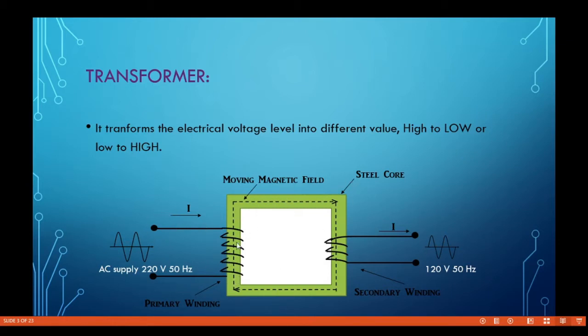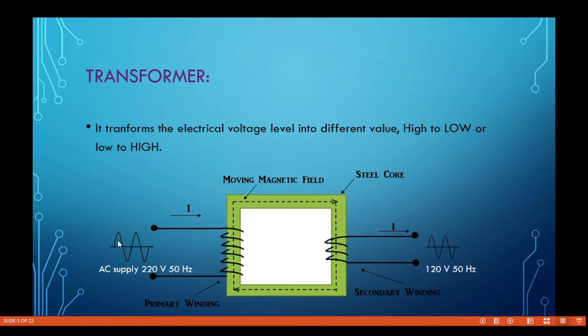There are two types of winding. The first one is the primary winding, and the second one is the secondary winding. In the primary winding you apply the AC input, and in the secondary winding you take the output. Depending on the number of turns you have applied in its arms, it converts the voltage to a higher value or a lower value depending on the ratio, as you may know, the turns ratio. You apply the AC supply, and AC is nothing but a changing value.